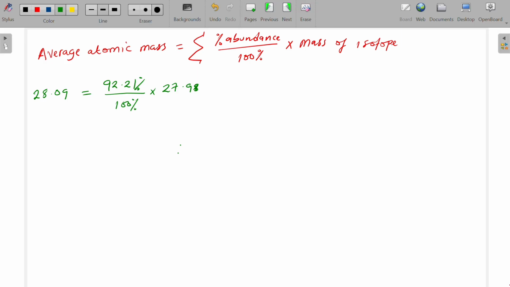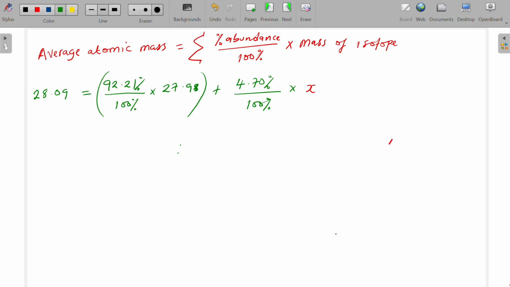This must be added to, remember the sum means you are adding, the second isotope, which has a percentage abundance of 4.70%, divided by 100% again, and multiplied by its mass. This is the one that we are looking for, its mass, so it is represented by X as well here.